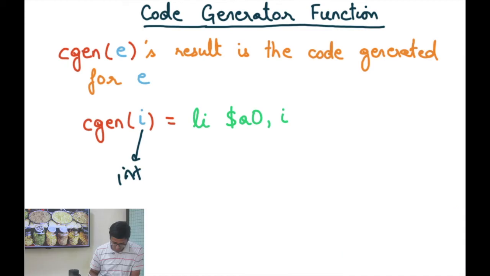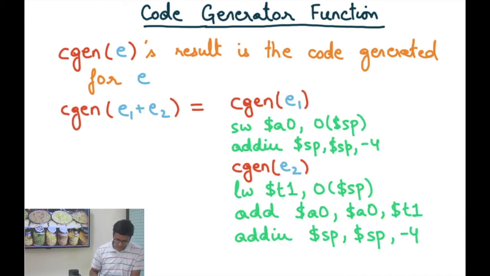Let's look at another example: cgen of E1 plus E2. When I'm specifying cgen in this way, I'm using E1 plus E2 as a template. E1 can match any expression and E2 can also match any expression. So I'm structurally defining cgen over the different operators that can form the structure of an expression.